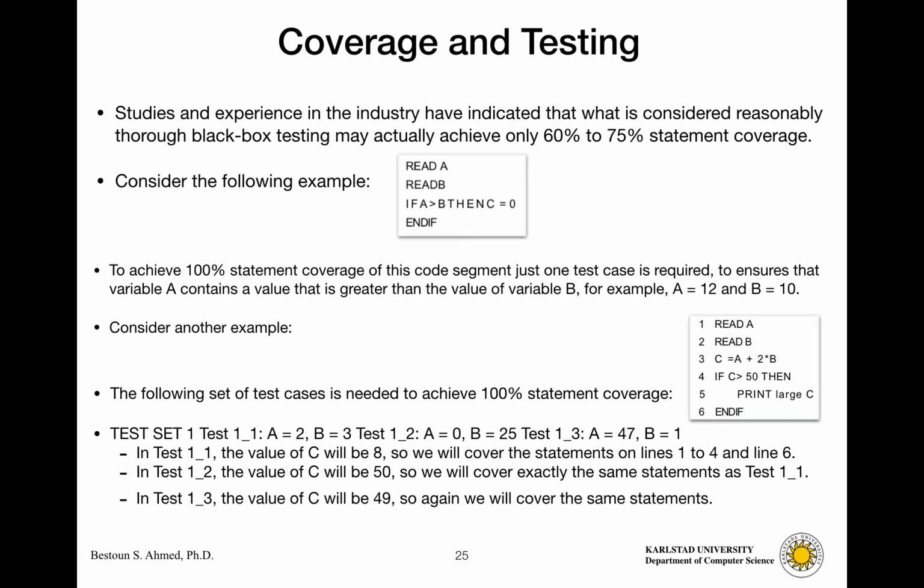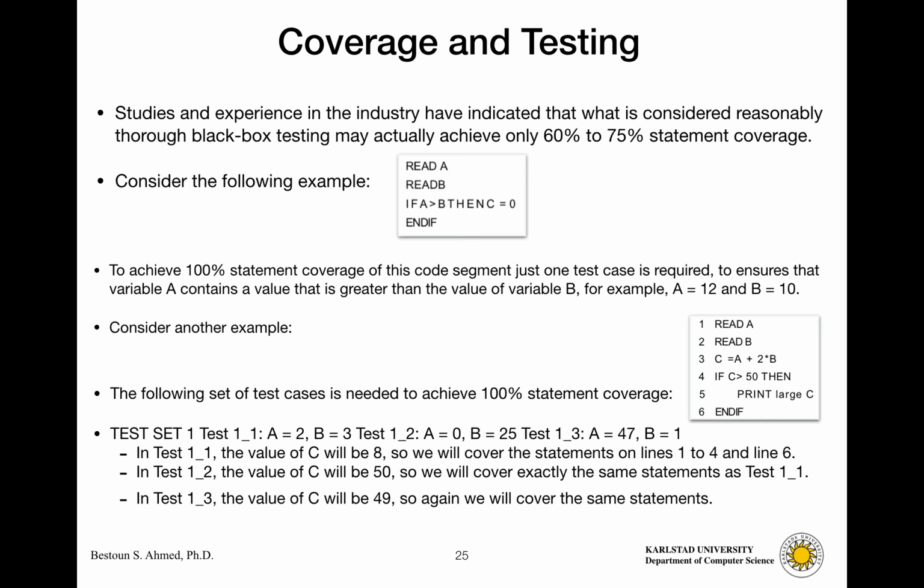So for example, here for this piece of code, we have test number 1, which says that a equals 2, b equals 3, and for test case 1 the value of c will be 8, so we will cover statements 1 to 4 and then line 6.